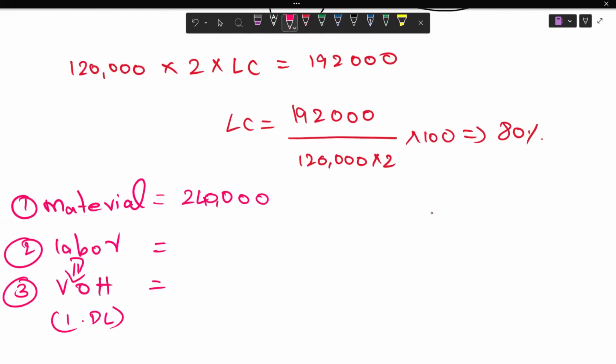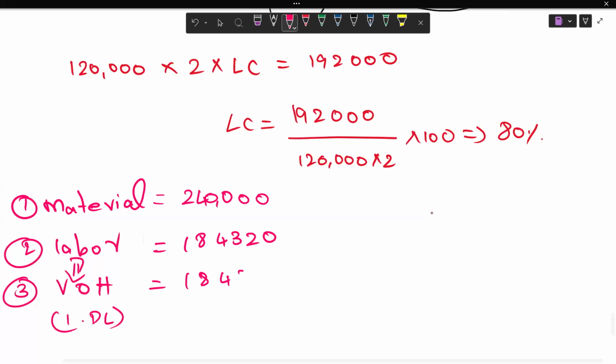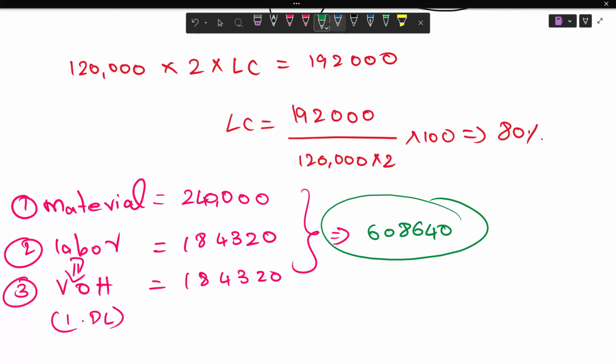Obviously, we take 184,320 for labor, and the variable overhead is the same. If you add everything, you will get the value of 608,640. Don't add the fixed cost.